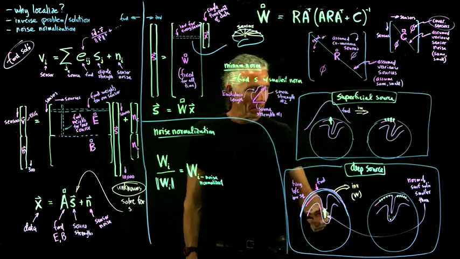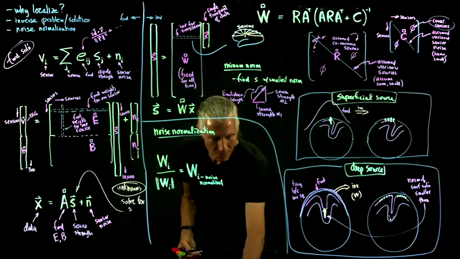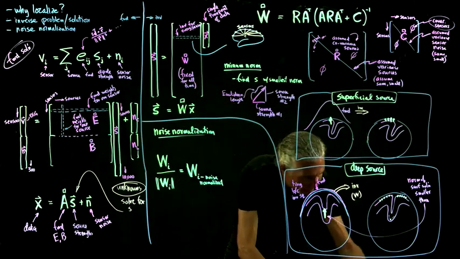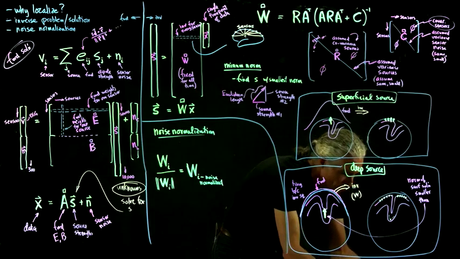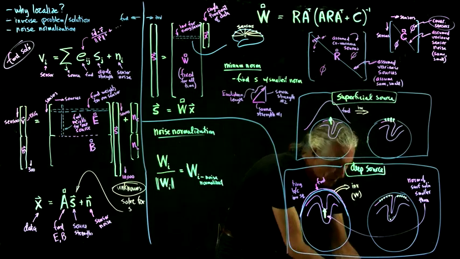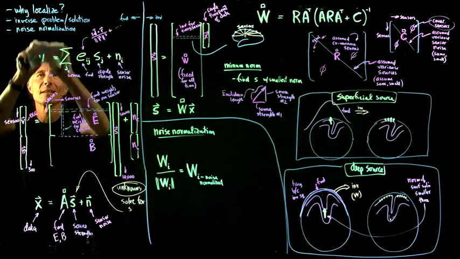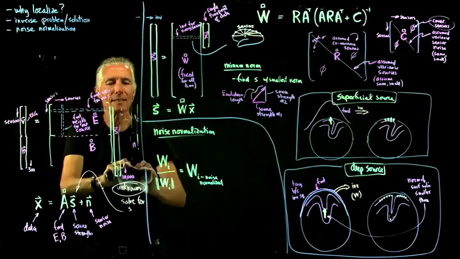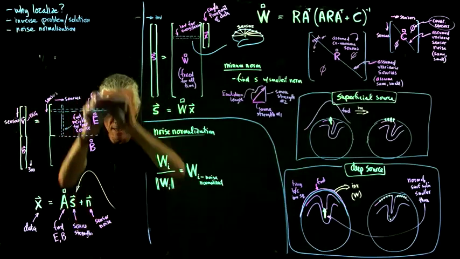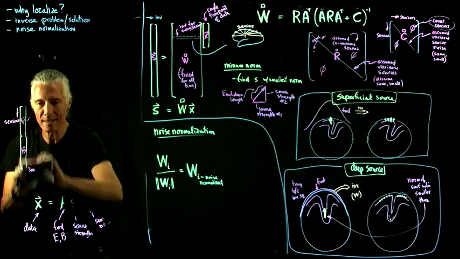Well, what will that do to your... let's erase this guy over here. So how will that fix things? We can do the same kind of modeling study that we did last time, except now use our noise-normalized inverse.